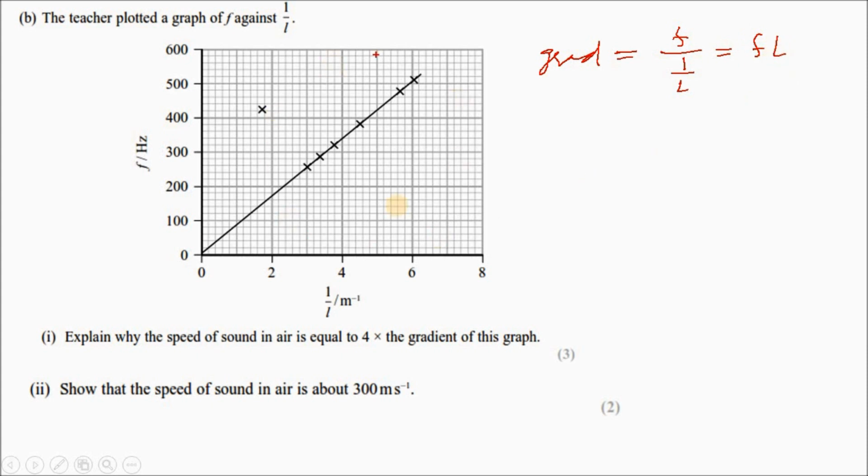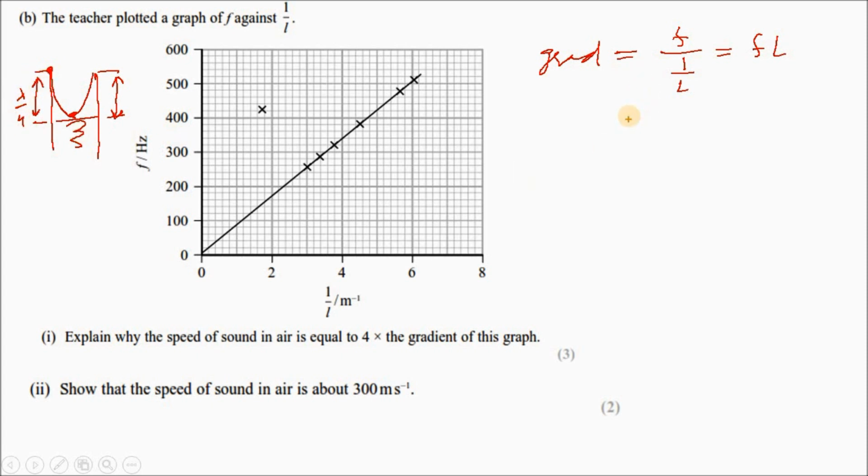And now this is the graph of the first sound, and I told you that the first sound is heard when you have a node formation at the water surface and an antinode at the top of the air column, with water underneath here. So this is the length given in the diagram, and in terms of wavelength, this is antinode and this is node. So this distance should be lambda by 4.